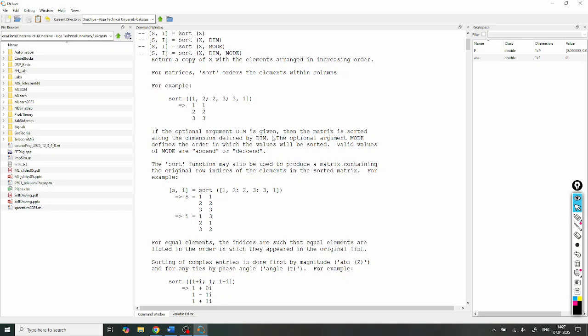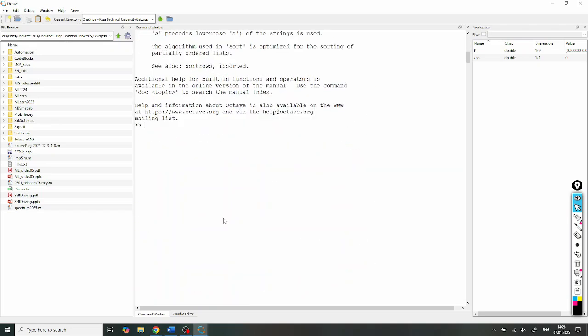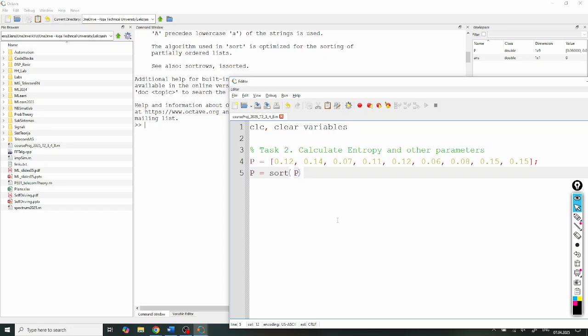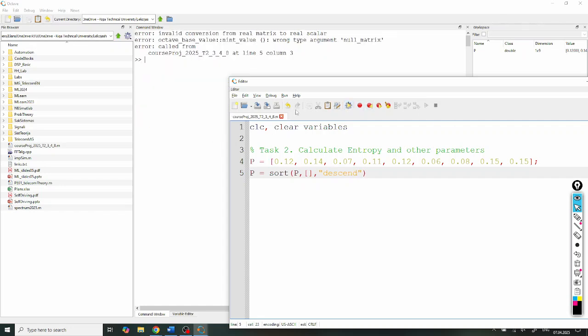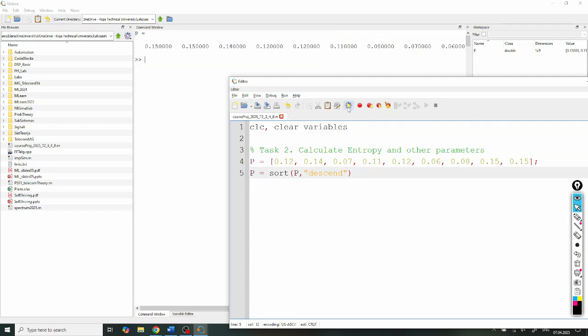Dimension is irrelevant here, so I'm not going to specify that. Empty brackets. But for this one, I actually want to have descend. No, just descend probably. Yes, so just like that. You see now it has actually sorted it for us.